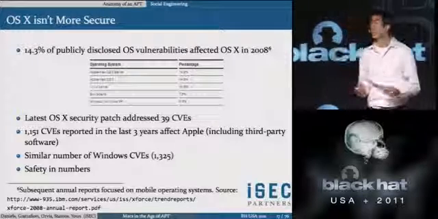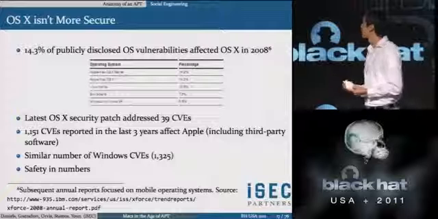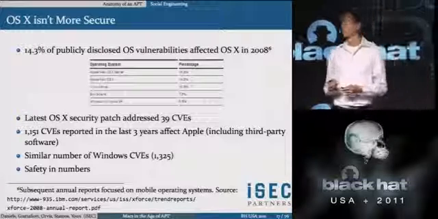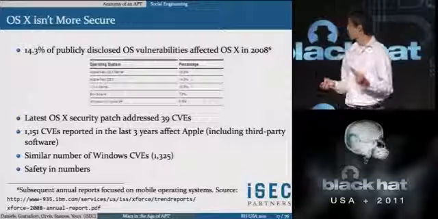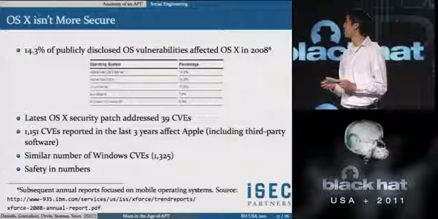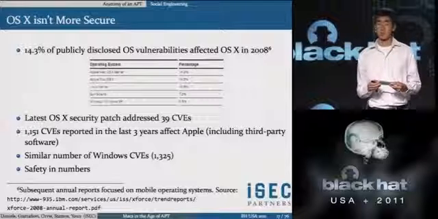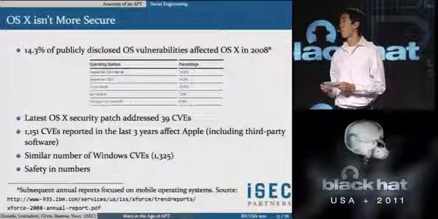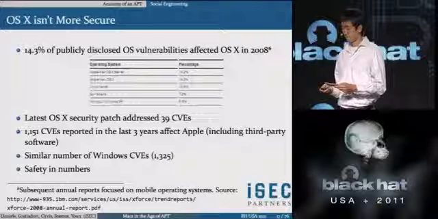There's a comparable number of CVEs that are reported against Apple and Apple products as Windows and Windows products. So, I mean, there's slightly fewer, but it's pretty close. So there is safety in numbers. There aren't many Mac users, but that's very different from having a more secure operating system.